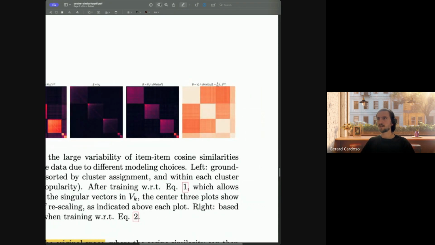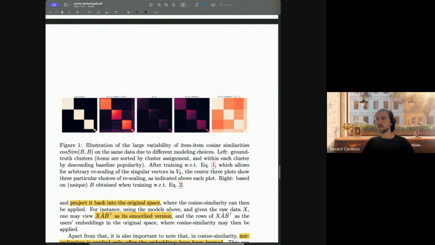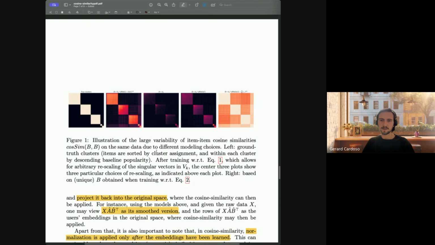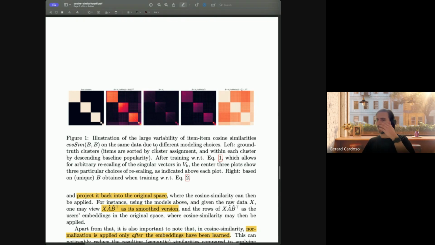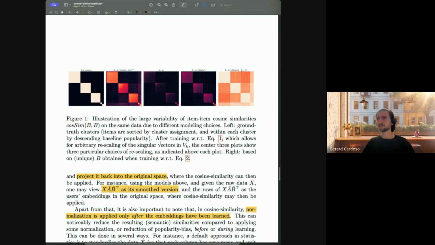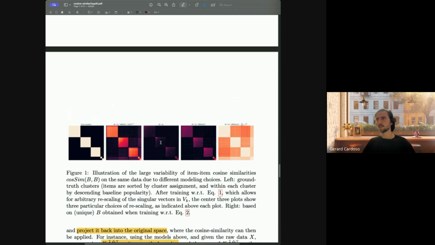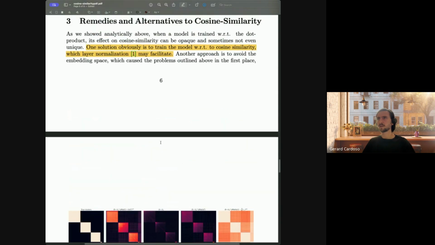Yeah, so that was basically the results of their experiment. They wanted to find a way to visualize how the way you train the matrix factorization model will have an impact on the resulting cosine similarity.